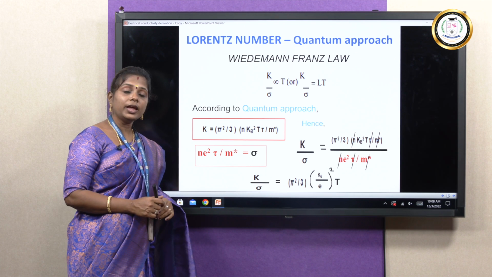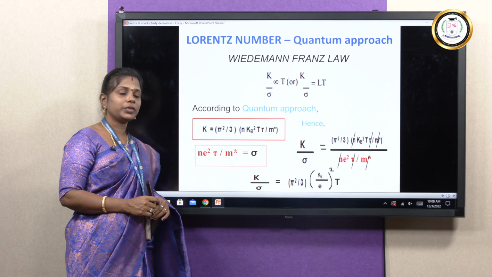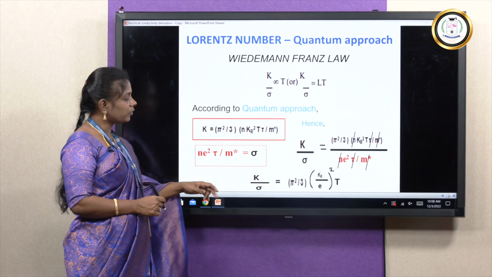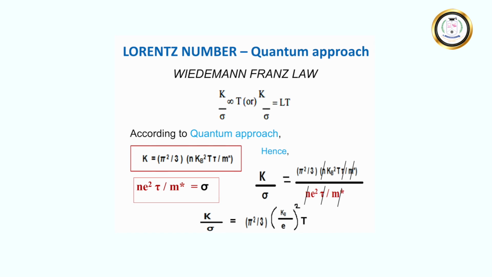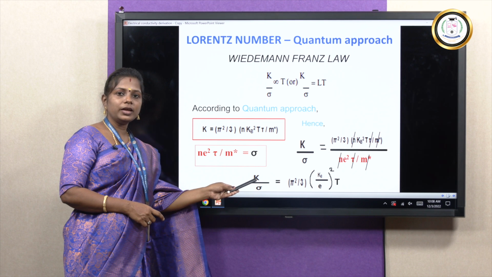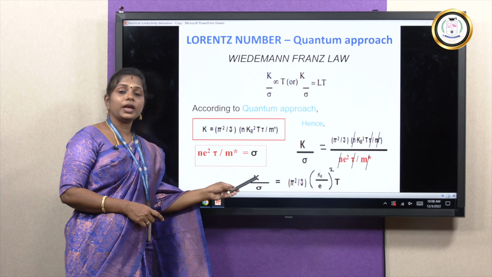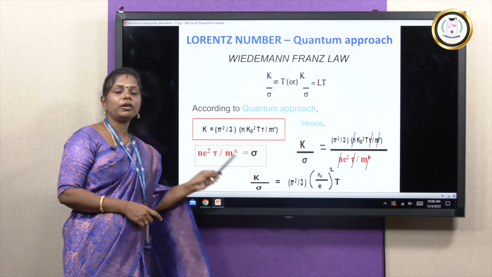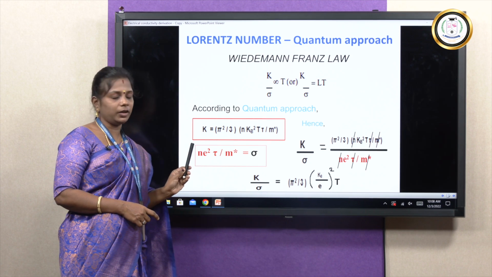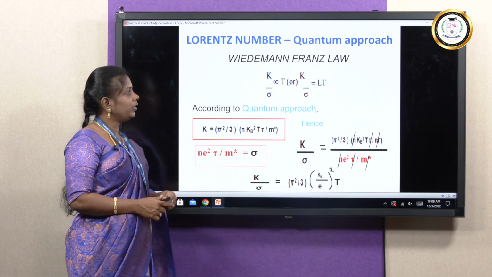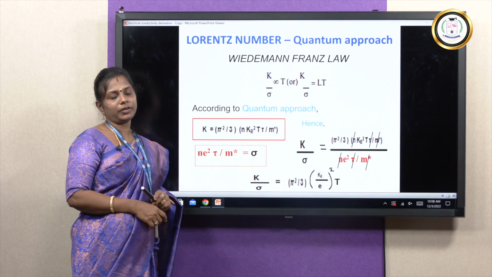Now, we finally obtain K by sigma as pi square by 3 into kb by E the whole square into T. This is the ratio of K by sigma obtained from the expressions of K and sigma derived by using quantum theory. Now, we can compare this ratio with the Wiedemann Franz law.